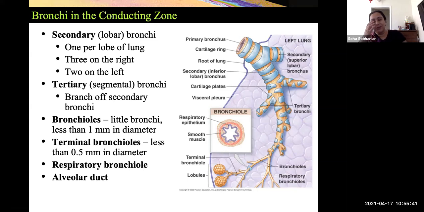So please do note, if you just write bronchial tree, that's not an acceptable part. If you just say pharynx, that's not an acceptable answer. So you have to show the path that I've drawn for you guys here. If I'm asking you, write the path of the air through the respiratory systems, this is what I want.